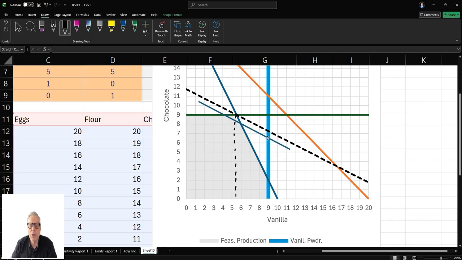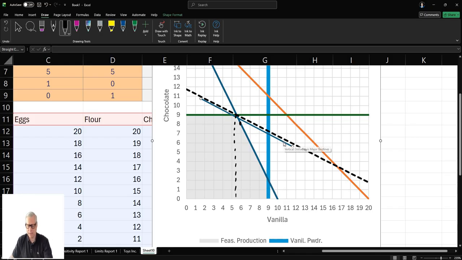And so I could actually produce 8 chocolate cookies and 6 vanilla. So that would be one option, right? This point here, that would be one option. But the other option would be a little bit further out, which is actually to produce 9 and 5. So that is what we should expect.